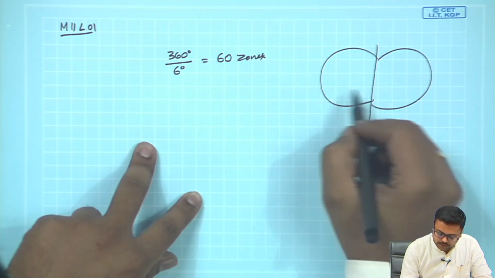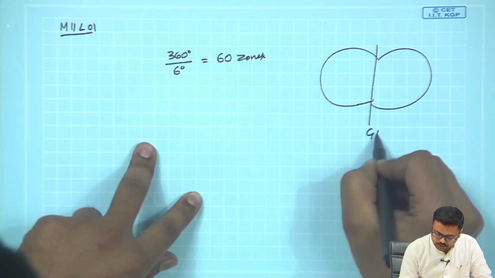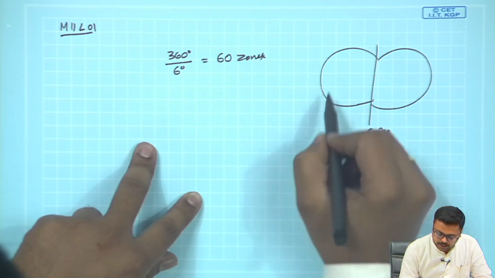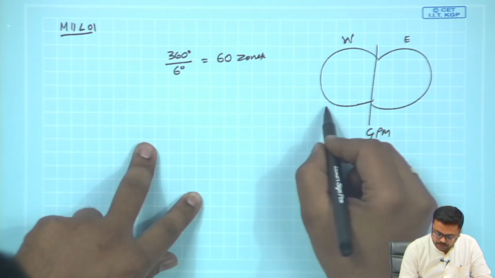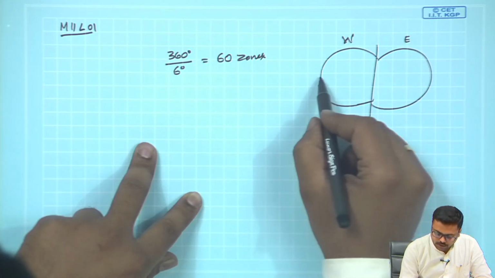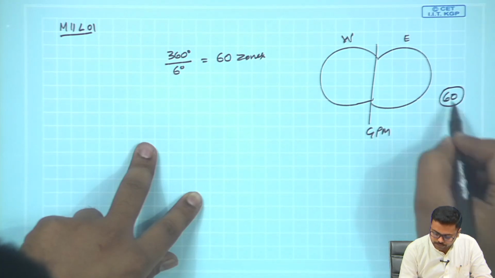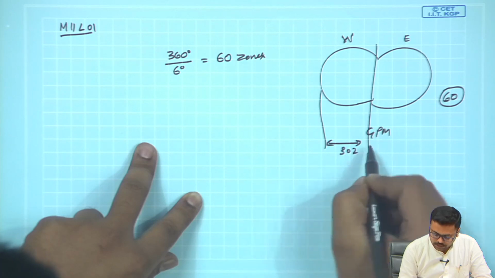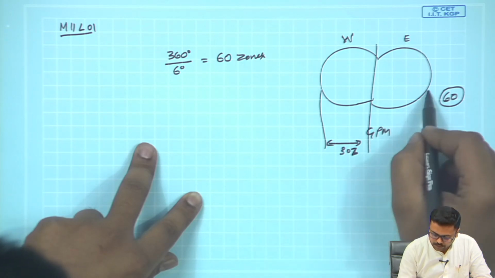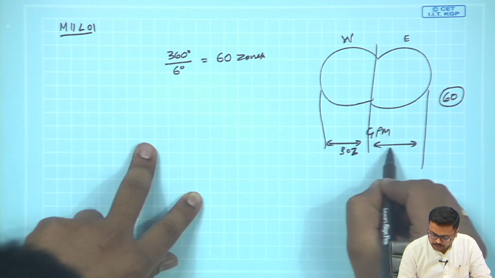this is the world and this is the Greenwich prime meridian, and here this is the western hemisphere and this is the eastern hemisphere. In both of these altogether we have 60 zones, 30 zones in the western hemisphere and 30 zones in the eastern hemisphere.